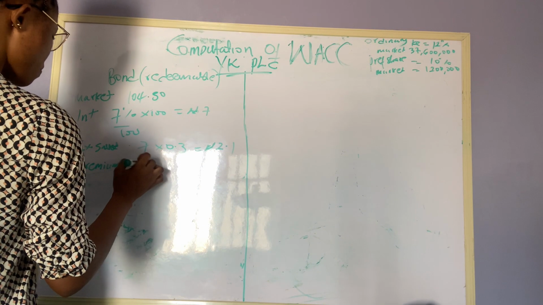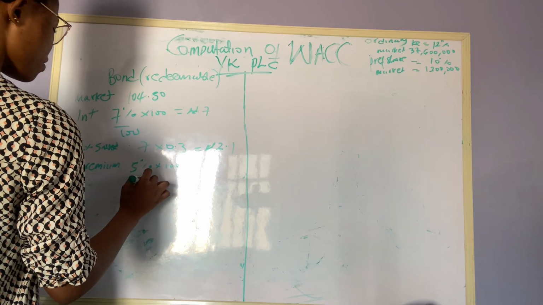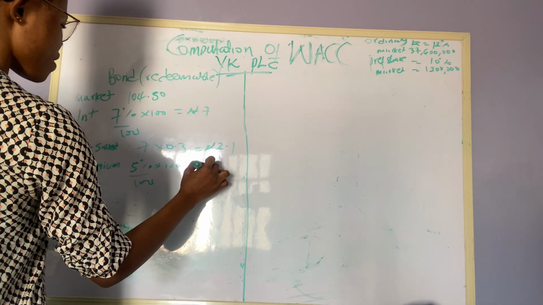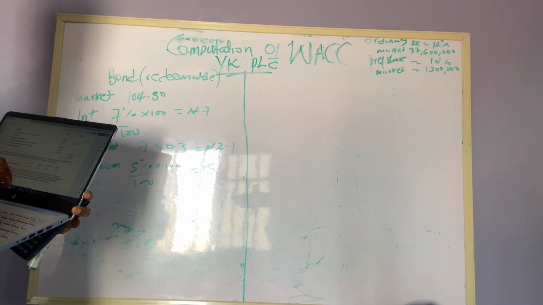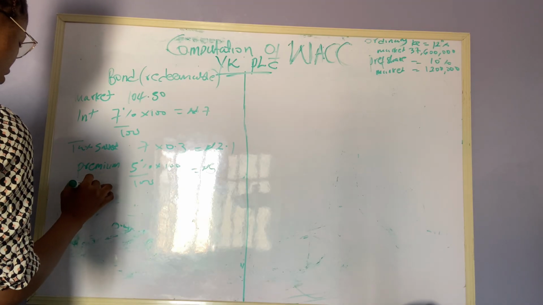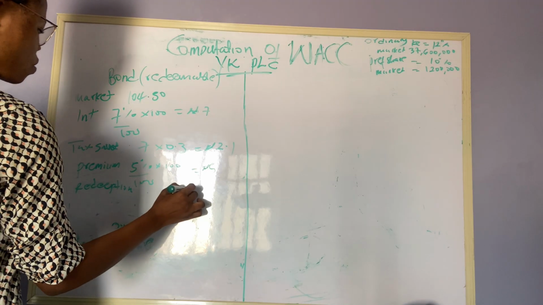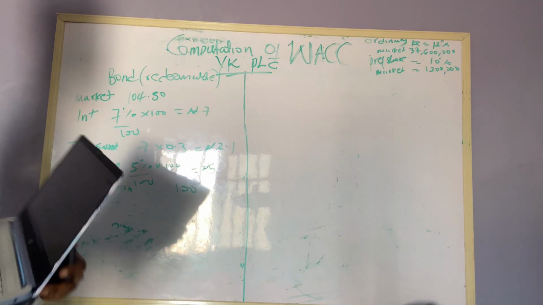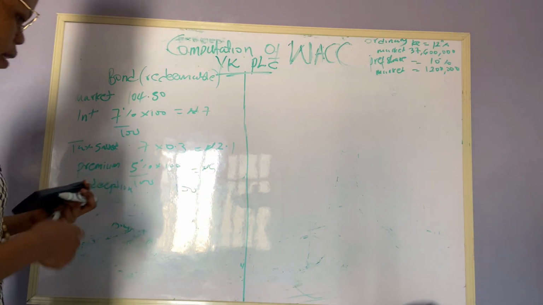Premium is 5% times 100 divided by 100, giving us 5 naira. Right? Then which other one again? Then redemption. Of course, redemption is 100. So these are our ingredients. Now we also have to compute the IRR table.